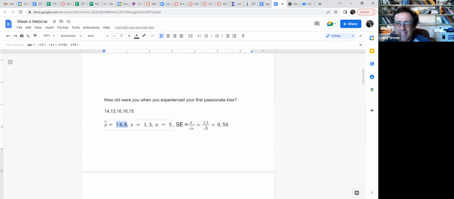But based on this, do you think the population mean might be 40 years old instead of 14.8? Probably not, because our standard error is a little more than half a year. And that would be like dozens of standard deviations away, which has almost no possibility of happening. Does that make sense?